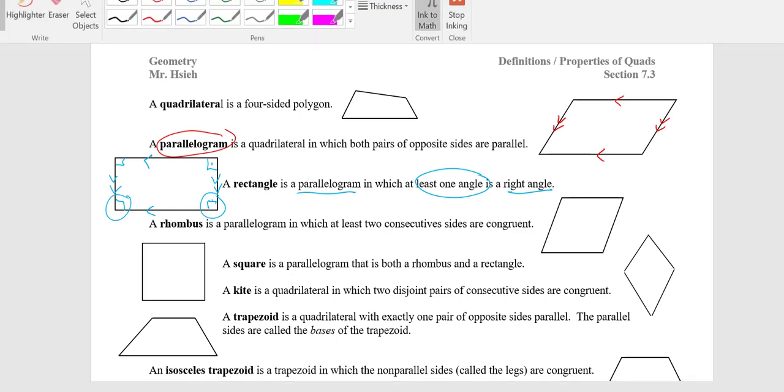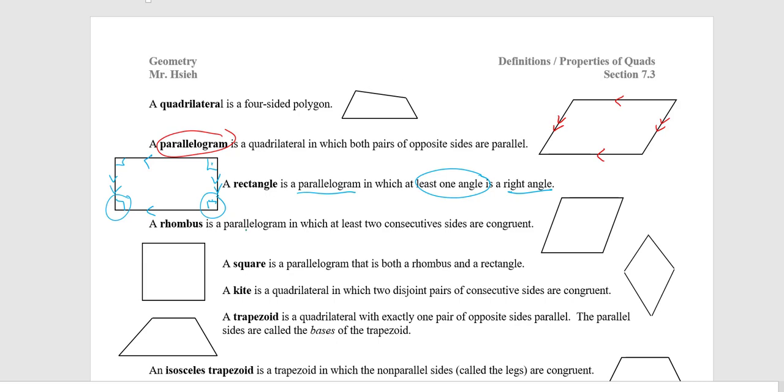A rhombus is defined as a parallelogram where at least two consecutive sides are congruent. So we know that it's a parallelogram, so it's like this, and if these two sides are congruent to each other, we can draw in a diagonal, and we can prove that these two triangles are congruent to each other because these are alternate interior angles, and these are alternate interior angles right there.